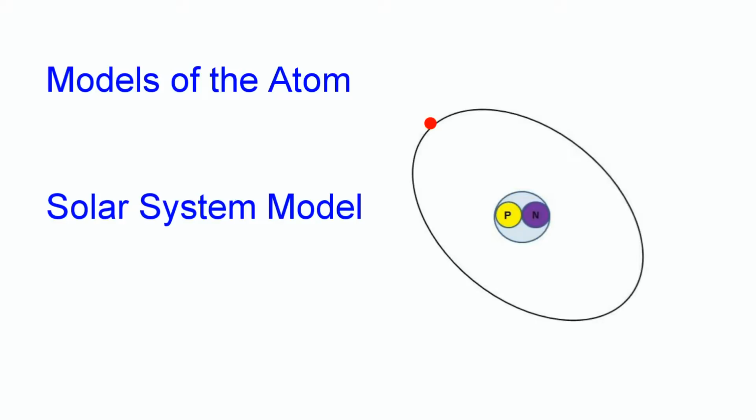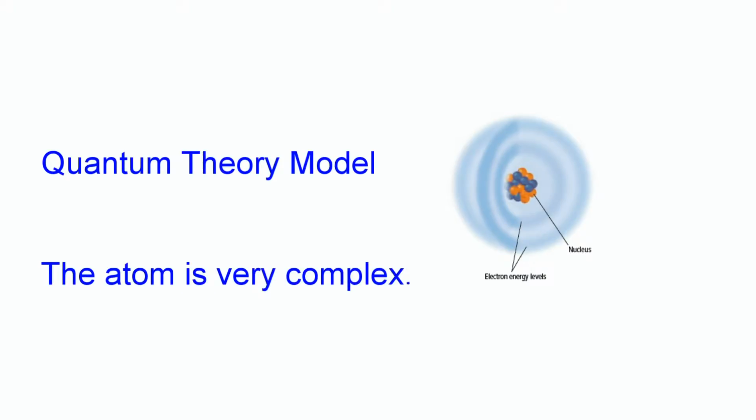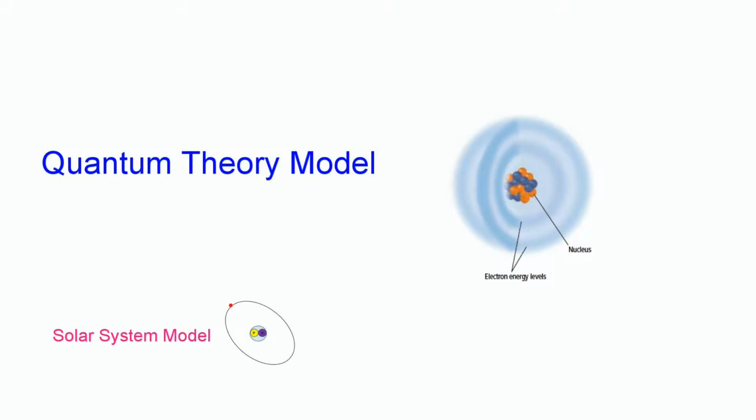If you want a much better idea of the true nature of the atom, you will need to use the quantum theory model. The quantum model of the atom tells us that the atom is much more complex than we can even imagine. For example, with the solar system model, we think of the electrons revolving around the nucleus of the atom. But the quantum theory model tells us that the electron does not really revolve around the nucleus like planets revolve around the sun.